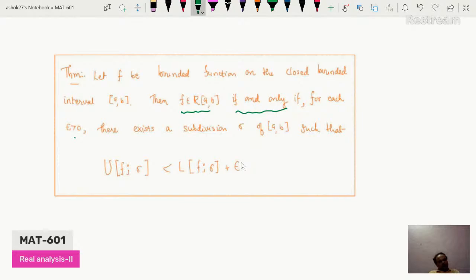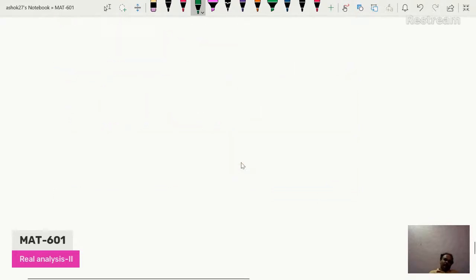And if for given epsilon there always exists a subdivision sigma which satisfies this inequality, then naturally that function is Riemann integrable. This theorem is important because it gives us an alternate definition of Riemann integrable functions.